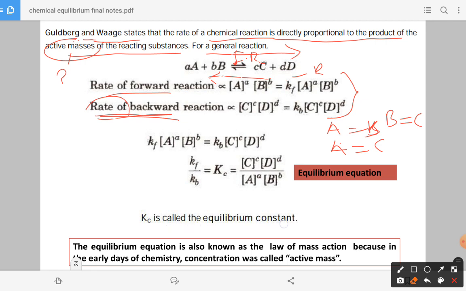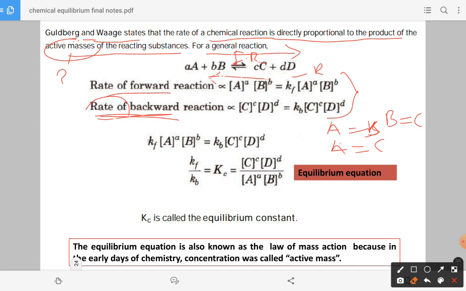Kc is called the equilibrium constant. Here Kc is equal to the ratio of the product of molar concentrations of products to the product of molar concentrations of reactants. Why? Because in this reaction, C and D are the products, and these are my reactants. This is called the equilibrium equation. You write Kc, then the product of the molar concentrations of the products over the product of the molar concentrations of the reactants.